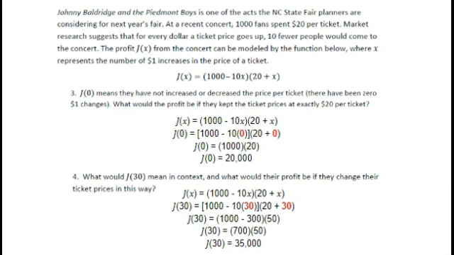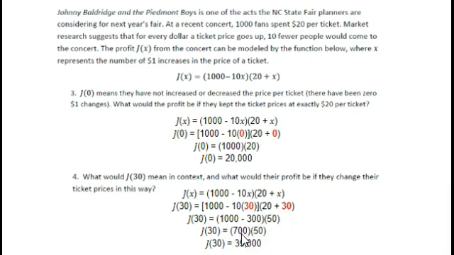And so what this means, again, is that we would have a $35,000 profit if we sold the tickets for $50 apiece. $50 apiece is what we get when we have the original $20 ticket price, but we increase that by 30 $1 increments, or by $30.